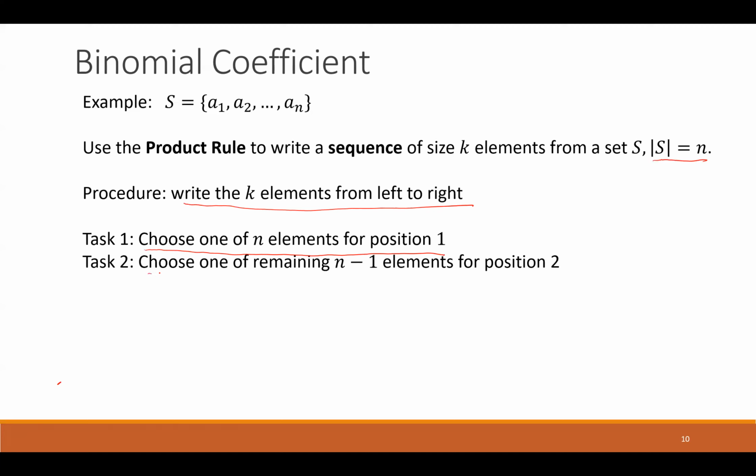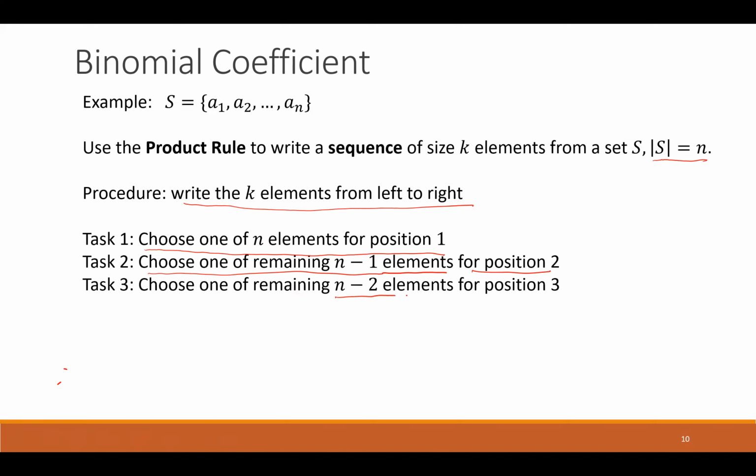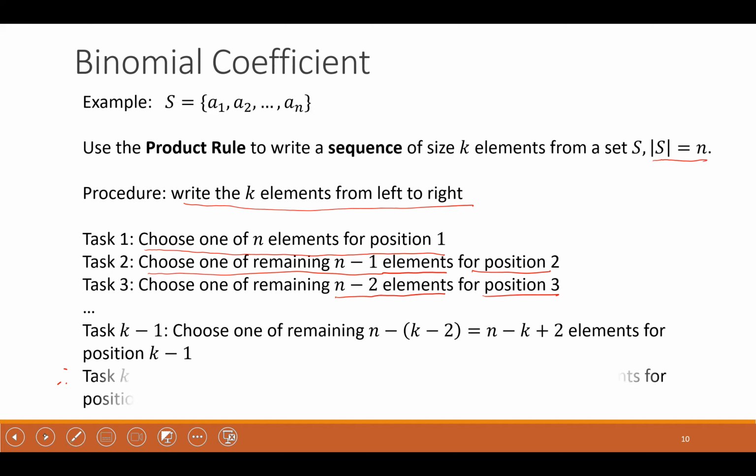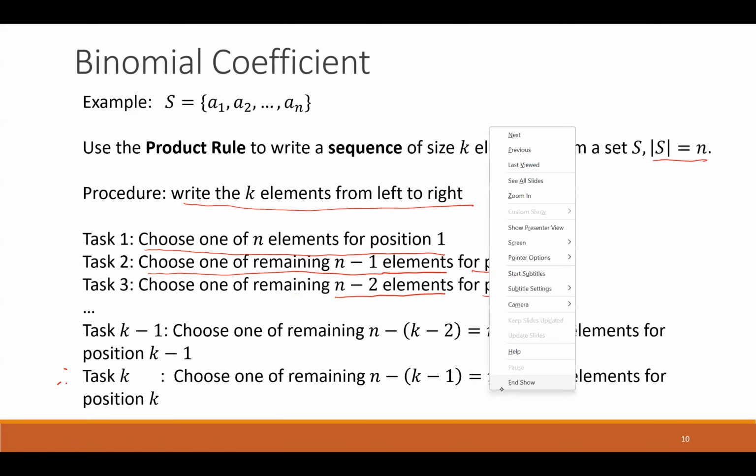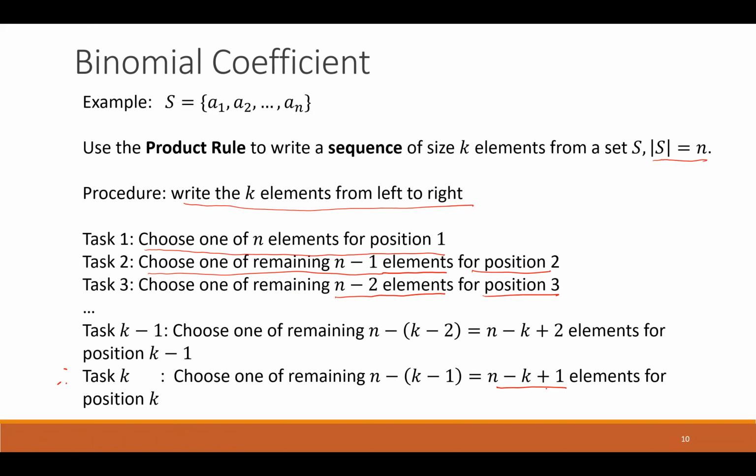And then I have n minus 1 elements that I have not chosen yet. I choose one of those for position 2. I have n minus 2 elements that I haven't chosen yet. I choose one of those for position 3, etc. And then task k is finally, I have n minus k plus 1 elements left over, and I choose one of those for position k.